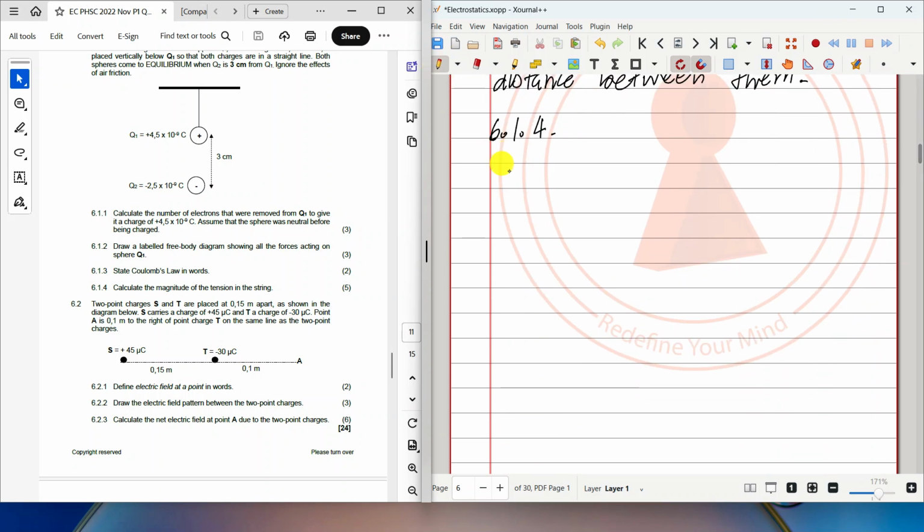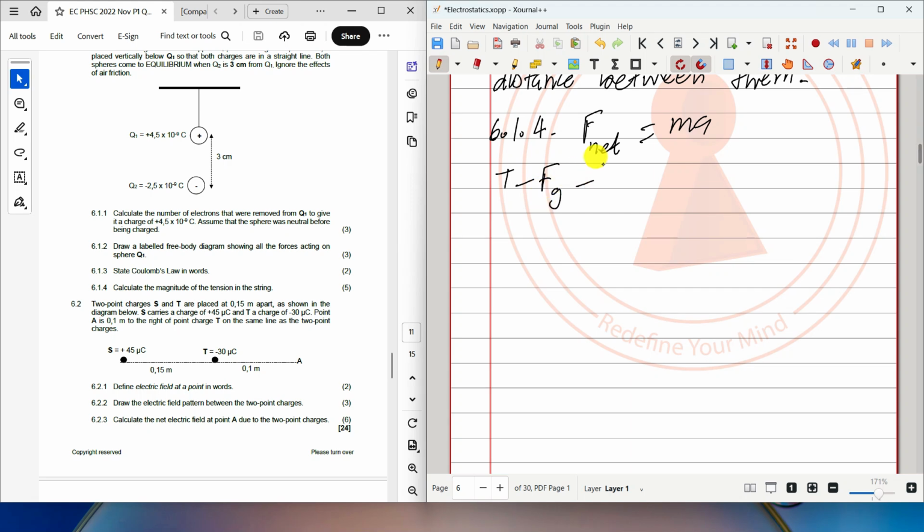So we will say F net is equal to MA. When you look at it, the tension was the one that's going up, and then we had the gravity, which is mg, and then we had the electrostatic force, which was going downwards, all right?